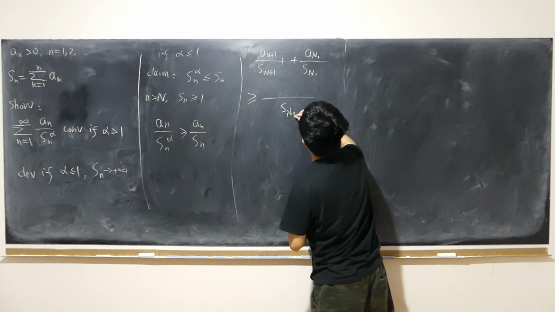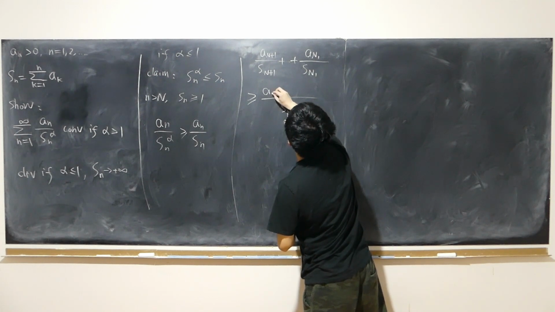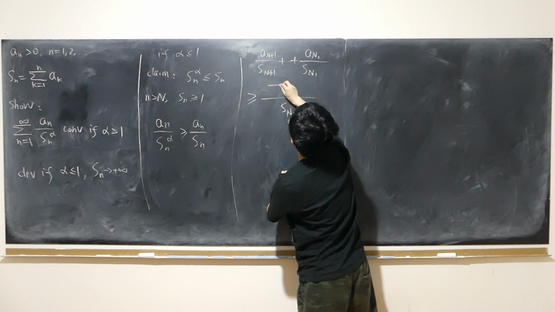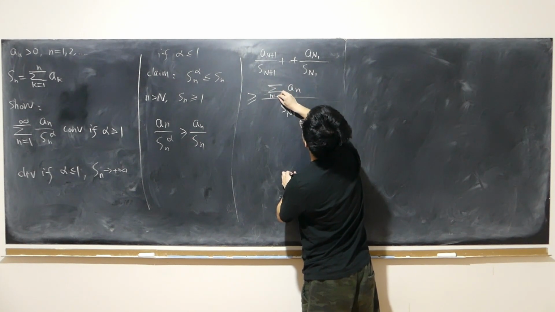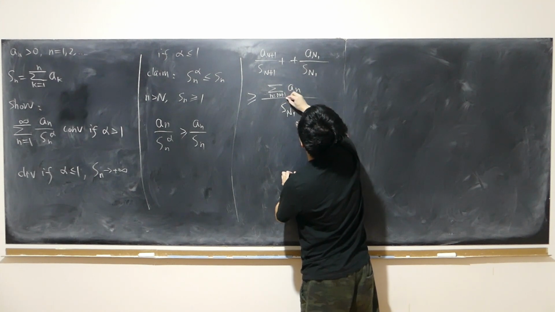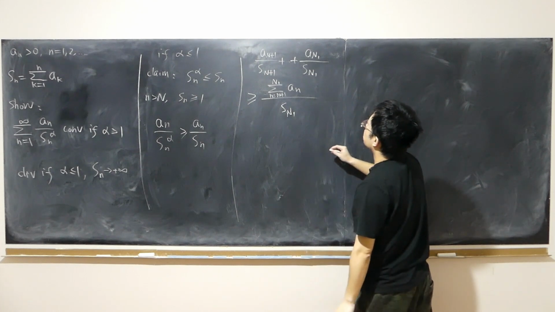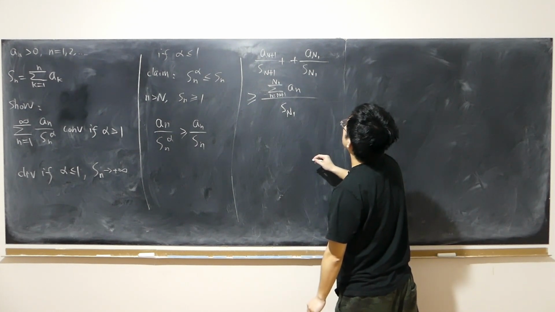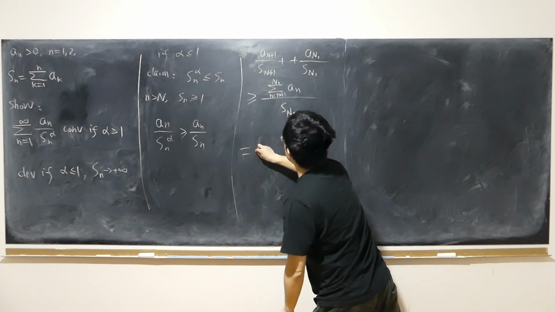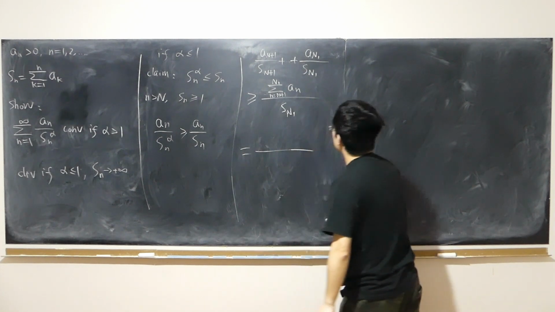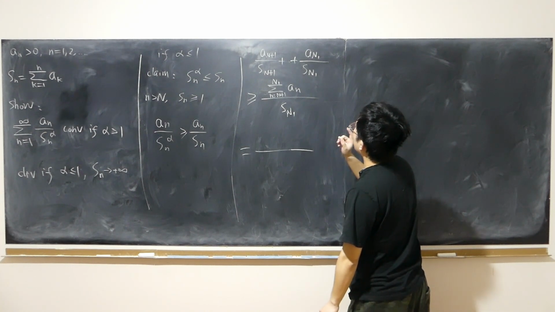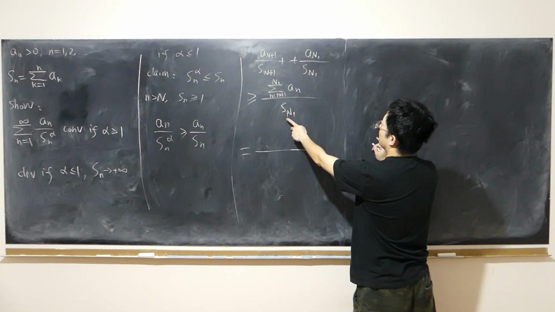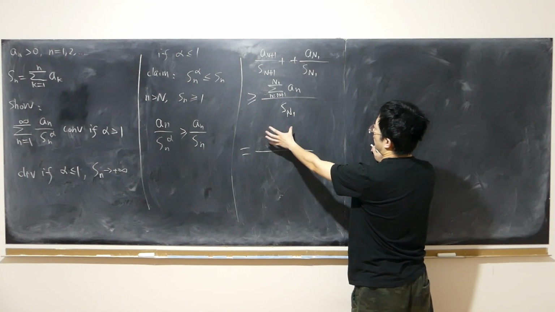So we get Sn1 and the sum of an, where n goes from capital N plus 1 all the way up to capital N1. S capital N1 can be broken apart into two parts.